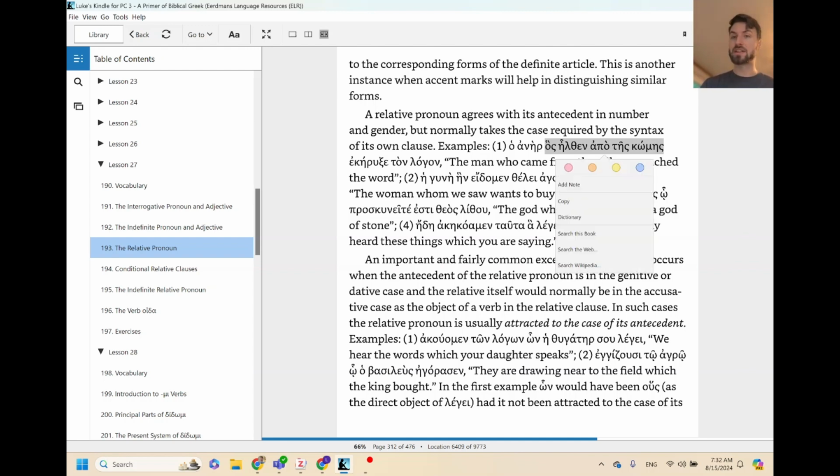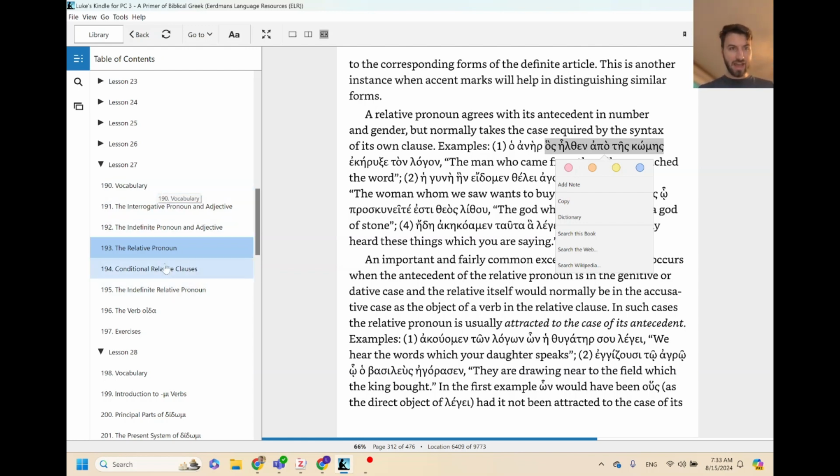We use the case that fits its clause, and then we use the same gender and number of what it's modifying. So I wouldn't say she came from the city, or they came from the city, because that's the wrong number or gender when modifying the man. Okay, so that is the relative pronoun.